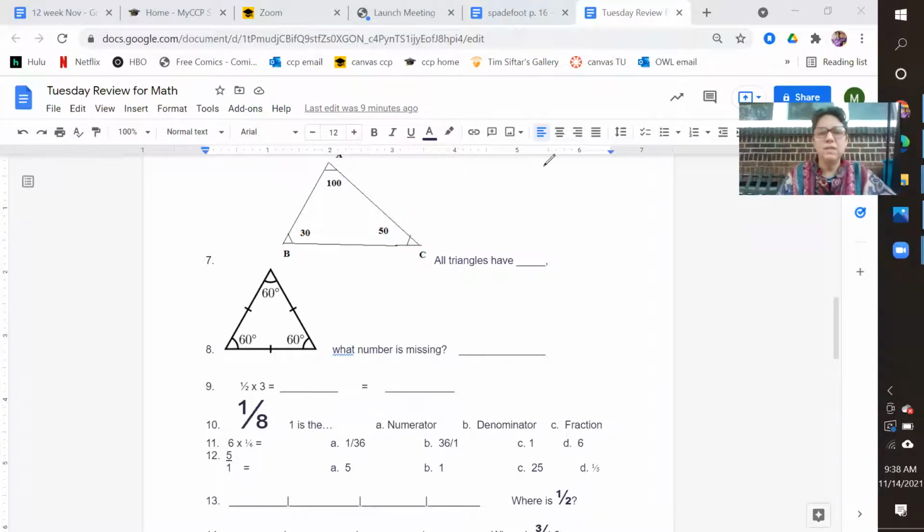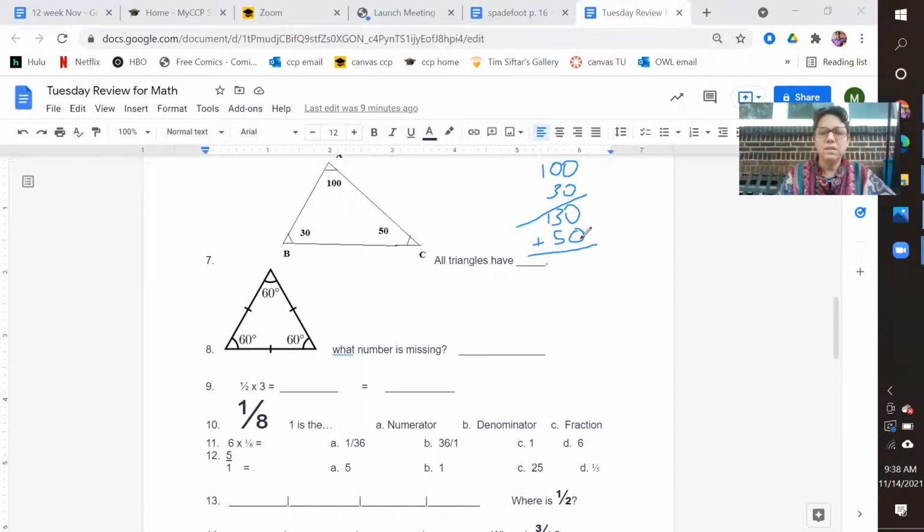I know you can do this easily. 100 plus 30, right, is 130, right, plus 50, right?